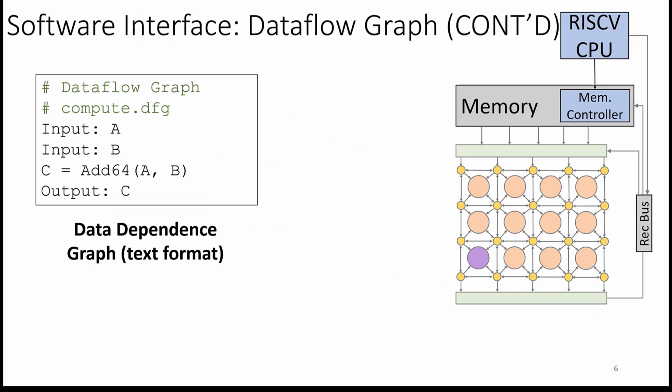To map this graph onto the spatial architecture, we should make the spatial compiler aware of the spatial architecture. As aforementioned, the spatial architecture is very diversified, with different capabilities of the processing elements, topology, and so on.